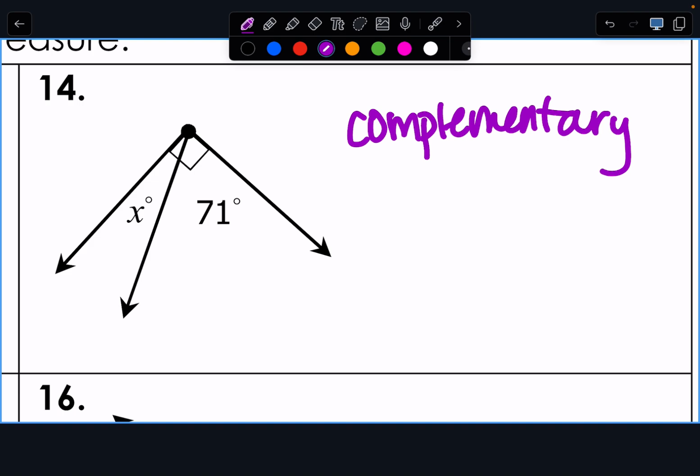Group 7 wrote 71 plus x equals 90. If we have complementary angles, we know they're going to add up to be 90. So, how do you get x? What do you do with the 71? Subtract it from 90. And when we do that, it looks like we get 19.